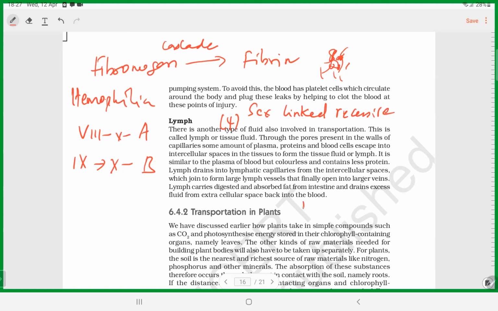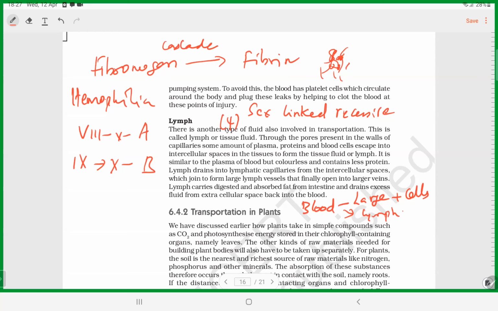From the blood, large macromolecules are removed, and blood minus large molecules plus cells only enters into the tissue. What is present in the lymph? Water and nutrients. Can you understand?